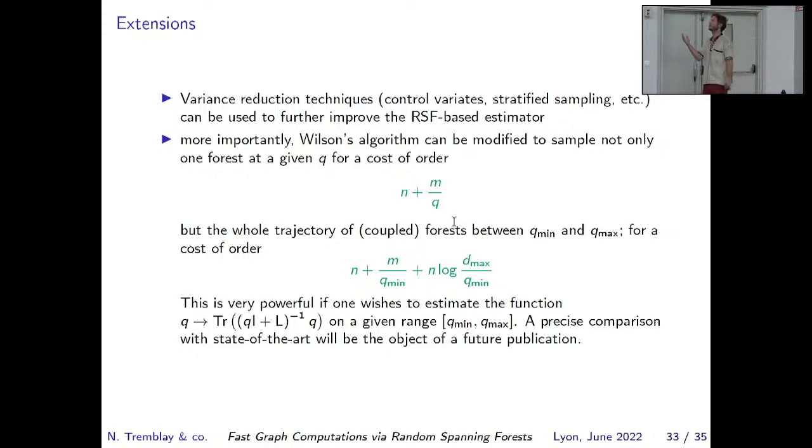The naive way of using it would be, okay, I give myself a grid between q min and q max, and I compute the whole thing for each value between q min and q max, and I use PCG every time. This is not very efficient, and so we need to ourselves do research on how to improve PCG in this special case in order to have a fair comparison. So it's tricky to actually do this comparison here, but this is an object for future work.